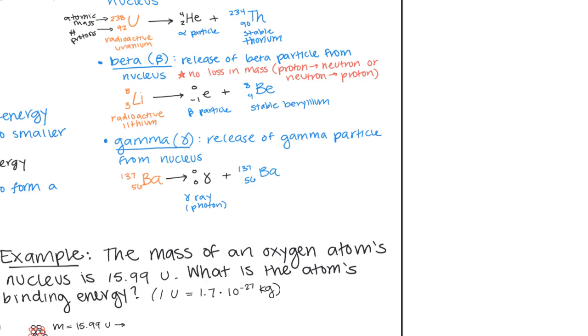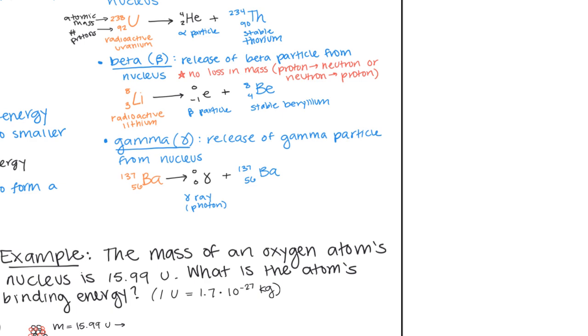So that's a really cool process as well that atoms can undergo, called beta decay. Again, the ultimate goal is not to lose mass. It is simply to convert one of its protons into a neutron or one of its neutrons into a proton.